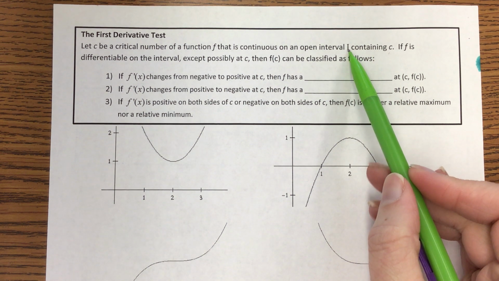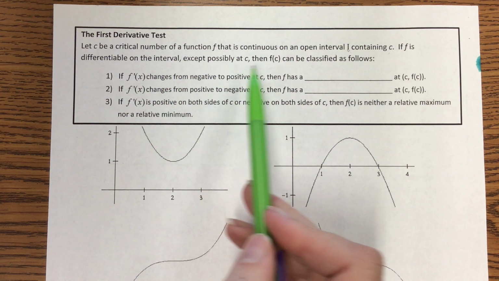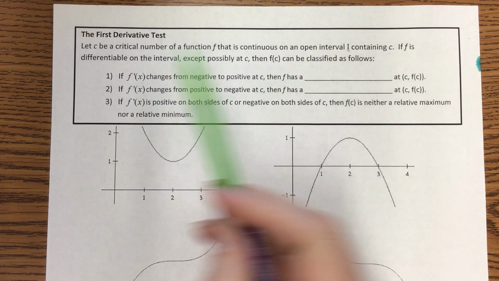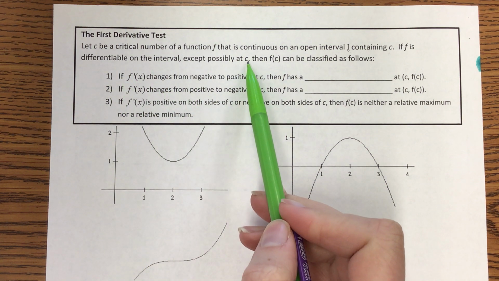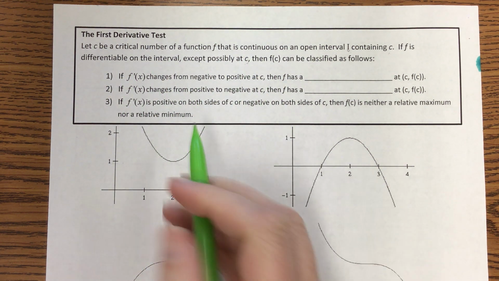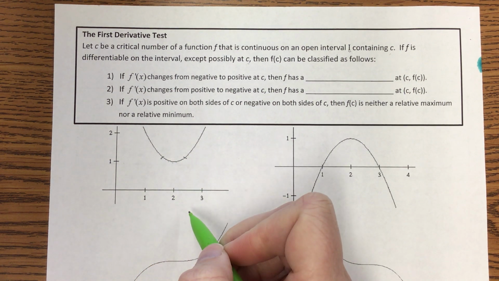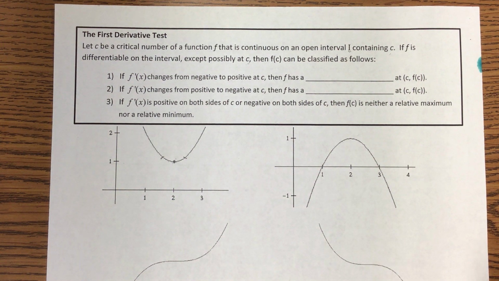Okay, if f is differentiable on the interval, except possibly at c, then f of c can be classified as follows. What this means, if f is differentiable on the interval except possibly at c, is that we can look at specific little spots, and c is one of the numbers that's in between. C would be 2 in this case.